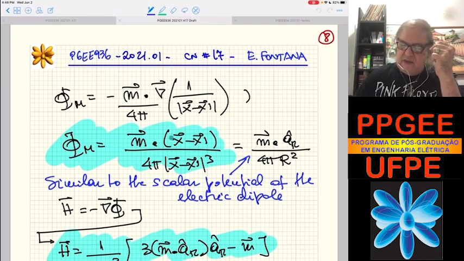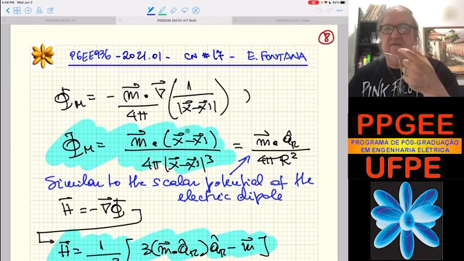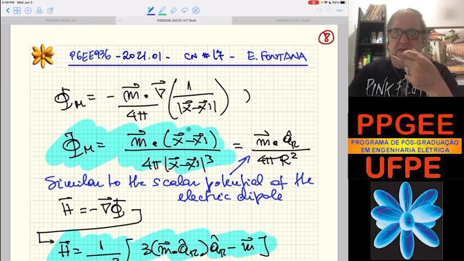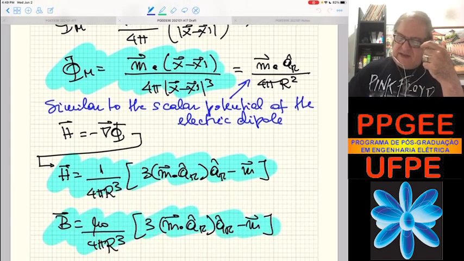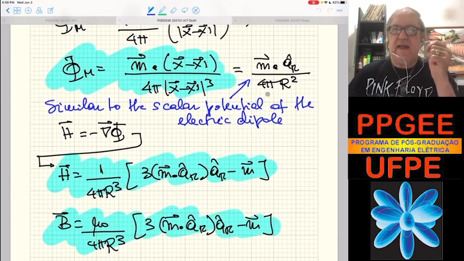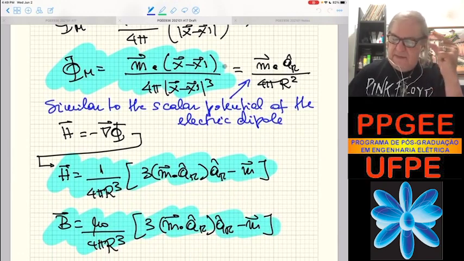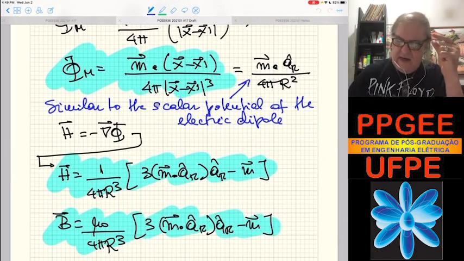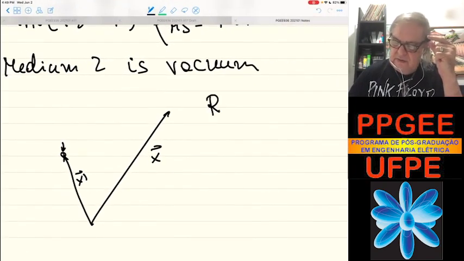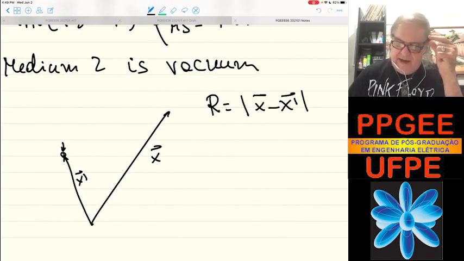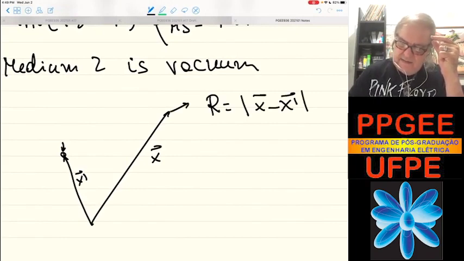Gradient of this is known, it is the difference vector divided by magnitude cubed. So we're going to have a result that's very similar to the one in electrostatics. M dot the normal versor divided by r squared. Here, r equals the magnitude of x minus x prime. Okay, so this is r.